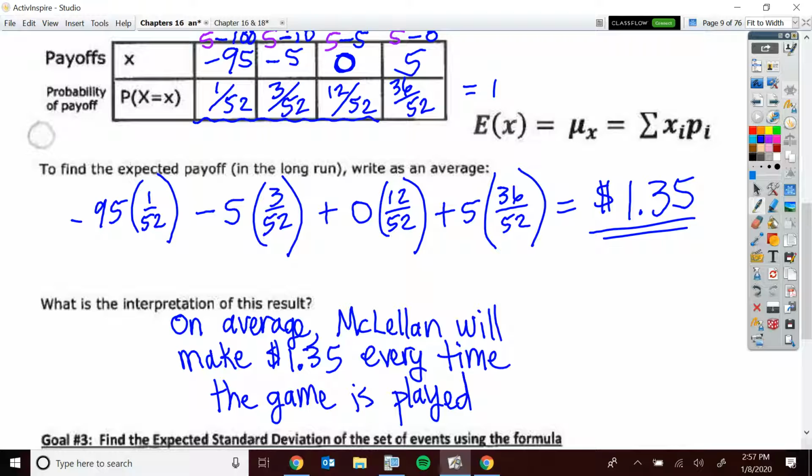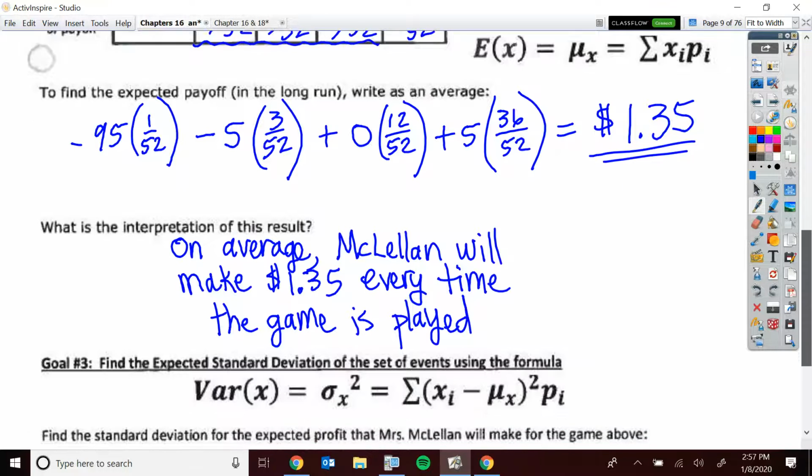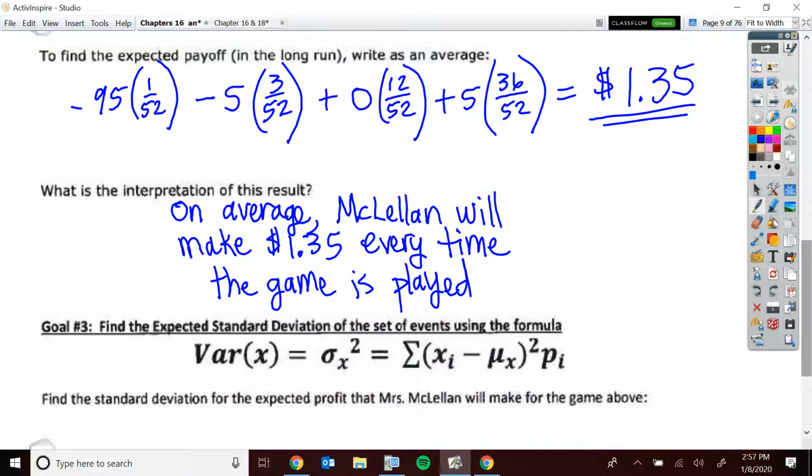By the end of the day, after, in this case, 15 people have played, what's my average per person profit? Okay, my average per play is $1.35.